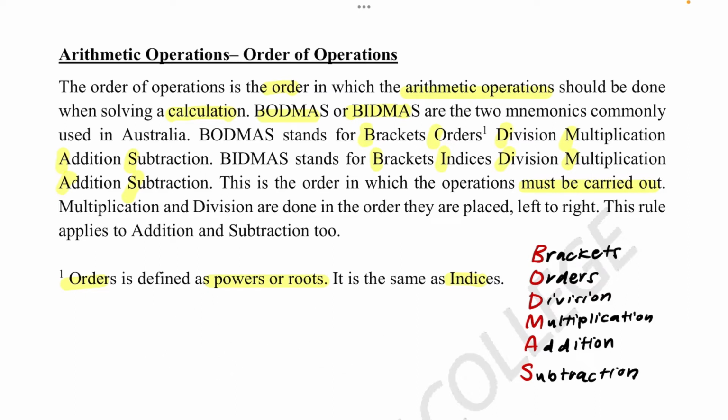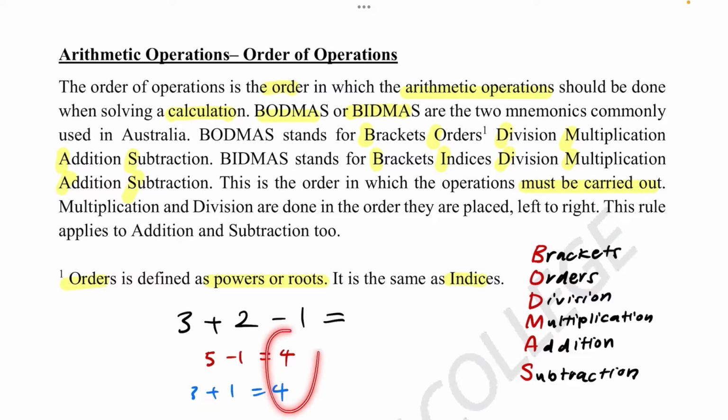So, for example, in a simple equation like 3 plus 2 minus 1 equals, we don't know, you could technically start with the addition, and it would be 5 minus 1, which equals 4, or you could start with the subtraction, so you can go 2 minus 1, which is 1, and 3 plus 1 will also give you 4.